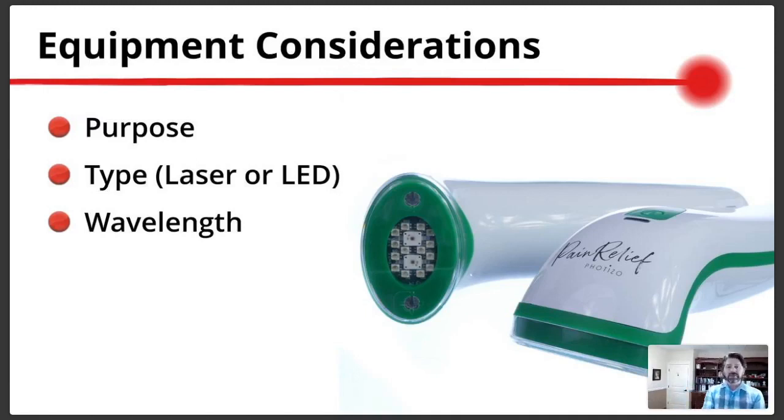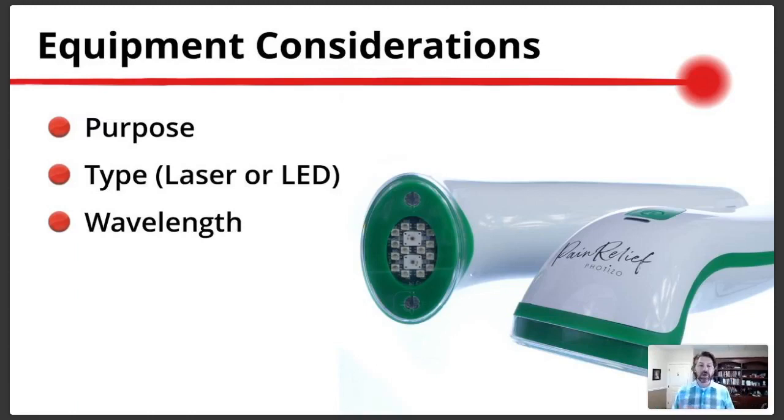So when you're dealing with light, you want to consider the type you're going to use, laser or LED. We talked earlier and said that laser is very focused. It's like a needle. It's one spot, a lot of power, versus LED, which is broader, spread over a larger area, and deposits less power in any single spot. And then you want to think about wavelength.